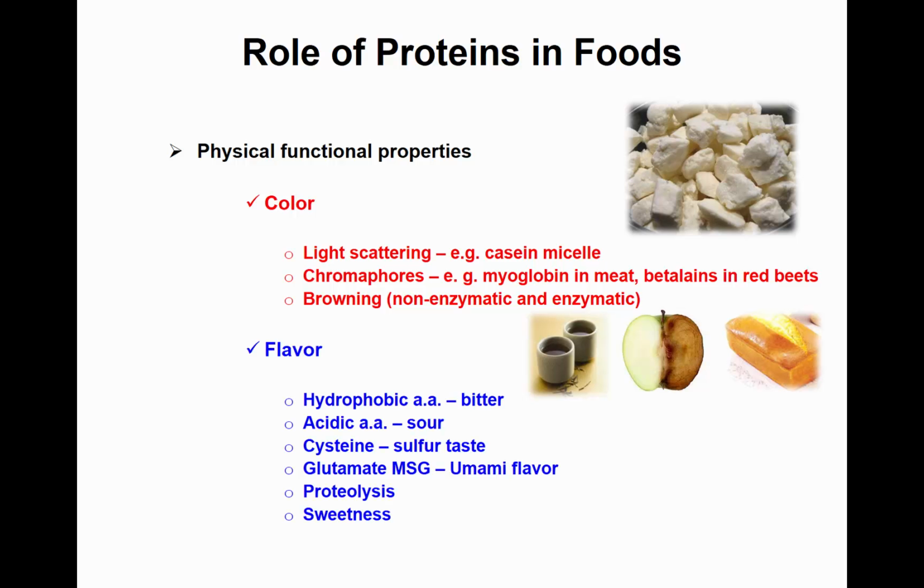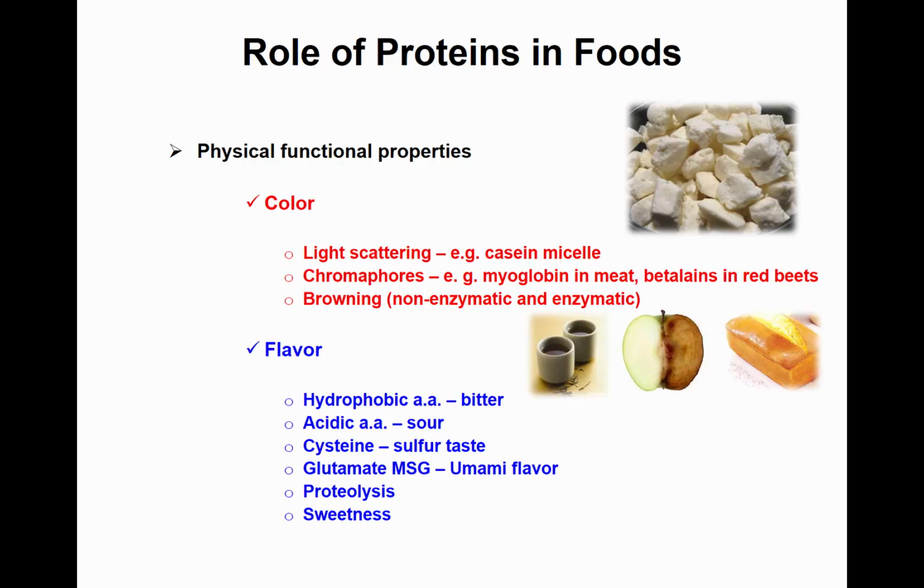Flavor. From the flavor perspective, protein also contributes to flavor. You have the bitter taste that comes from hydrophobic amino acids. Sometimes when you chop up the protein and expose hydrophobic components, you'll get the bitter note. Acidic note is when you have a lot of acidic amino acids in that protein, which gives you a sour taste.